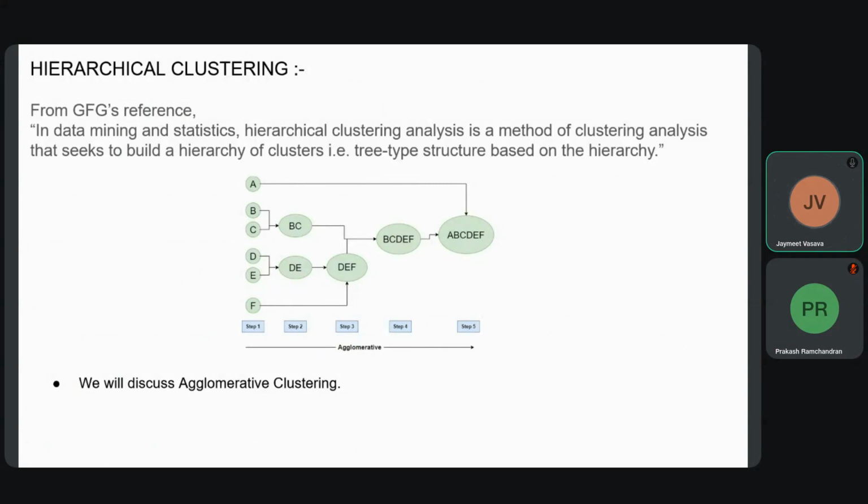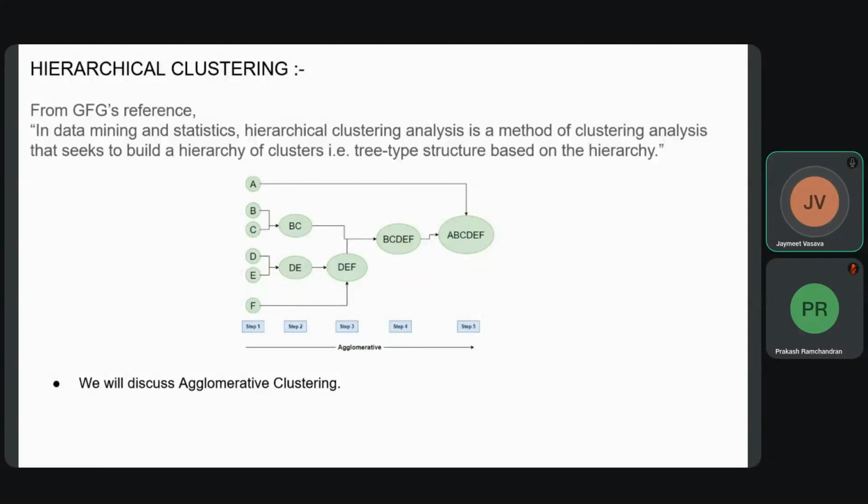So now we'll discuss hierarchical clustering. According to GFG, or GeeksforGeeks, in data mining and statistics, hierarchical clustering analysis is a method of cluster analysis that seeks to build a hierarchy of clusters, that is, tree-type structures based on the hierarchy.